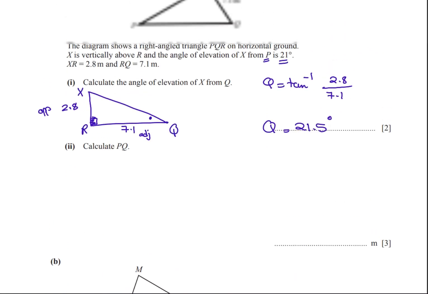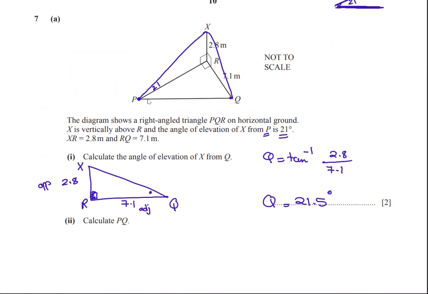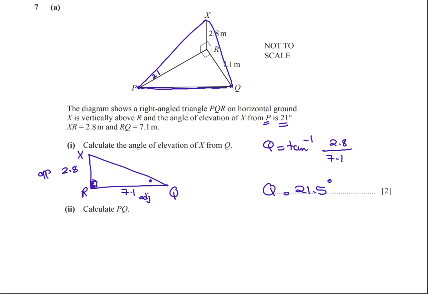Okay, calculate BQ. He wants to calculate this side. So I am going to get it outside like this. I have this is 90 degree and this is B and this is Q and this is R. What is the given I have? I have this 7.1 and I need this.